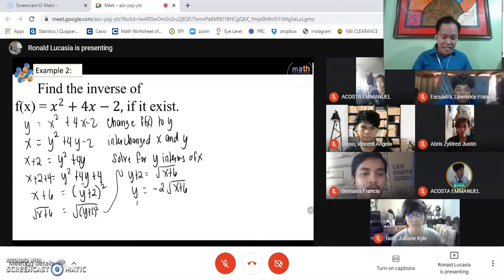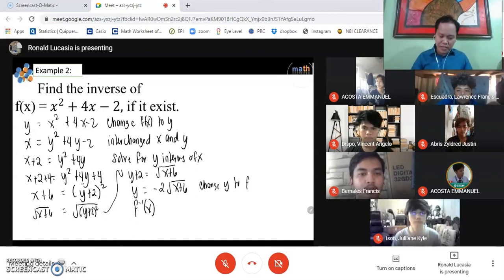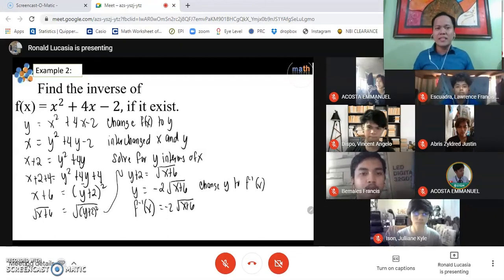The last step is to change y to f inverse of x. I want you to notice the resulting inverse of the function. Vincent, you're raising your hand. What is your observation?